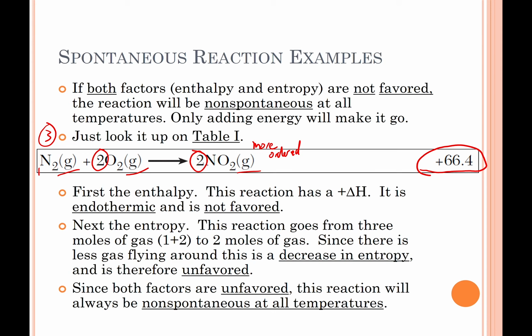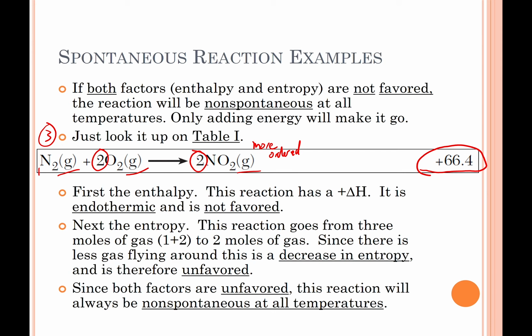So since we don't see a change in phase, we have to look at the number of moles. And since we have fewer moles on our product side and more moles on our reactant side, this is considered a decrease in entropy because we are getting less random.